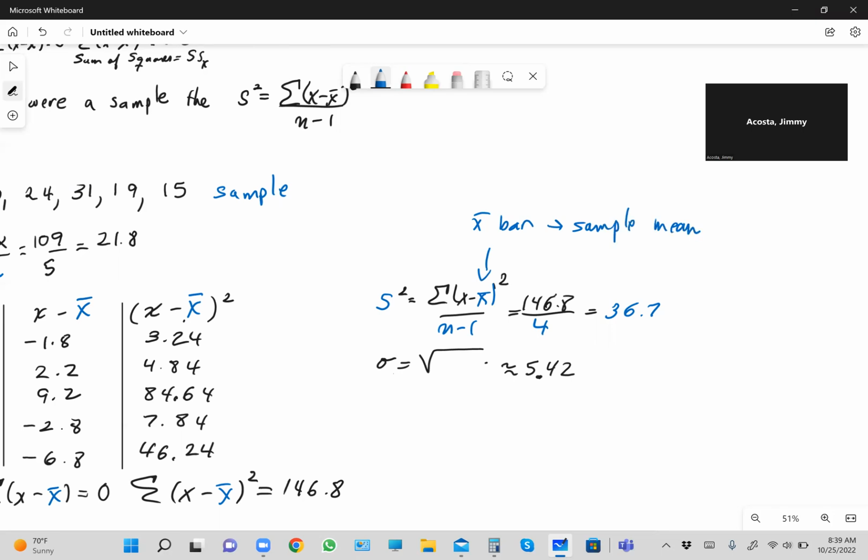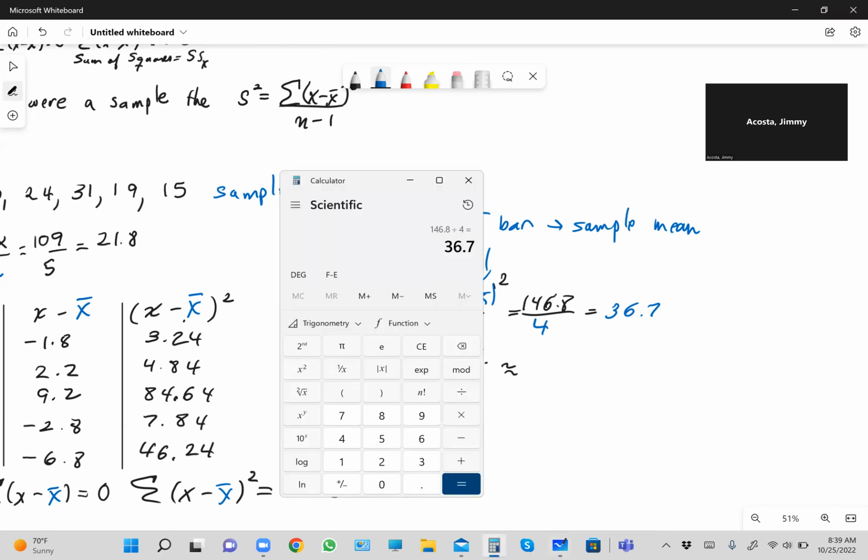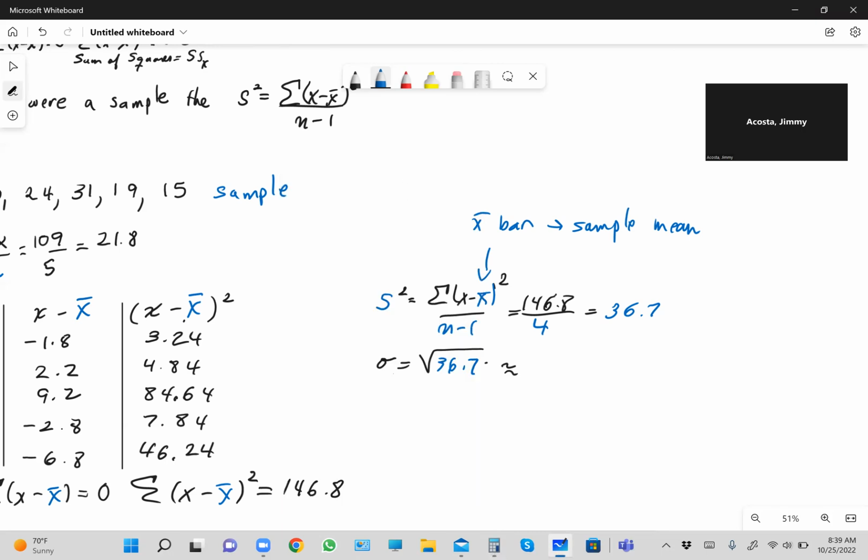The other one's a population mean. And so what's the square root of 36.7? 6.06. So approximately 6.06. So now your standard deviation is bigger. It's more spread out.